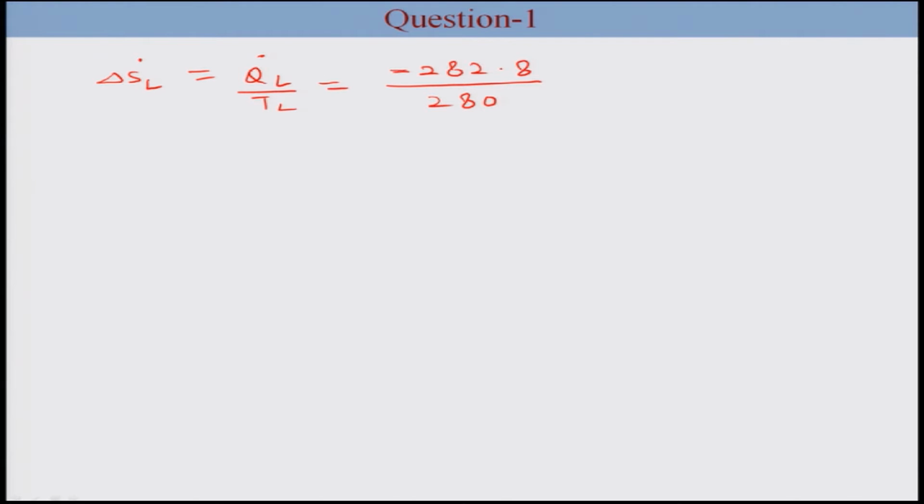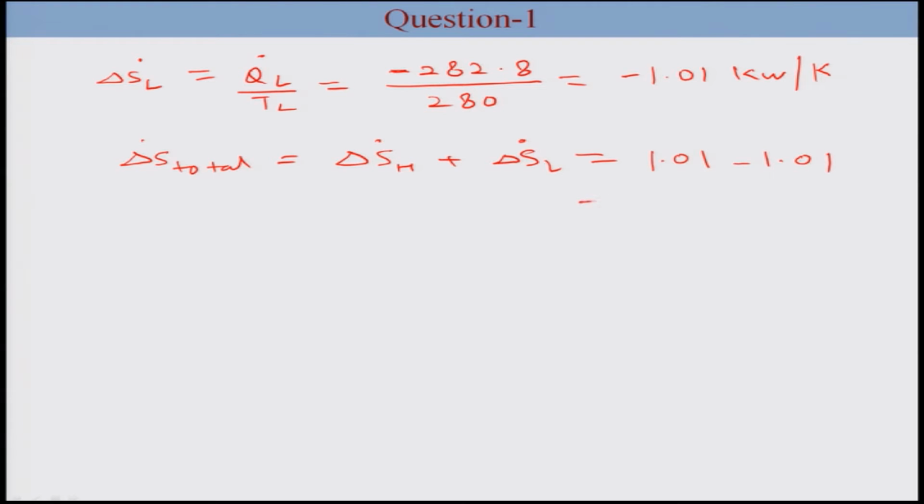So, it will give a value of minus 1.01 kilowatt per Kelvin. Now, the net rate of entropy change of everything in the system, that is delta S dot total, is equal to delta SH dot plus delta SL dot, and this comes out to be 1.01 minus 1.01, and this is 0. It satisfies the second law according to the increase of entropy principle.